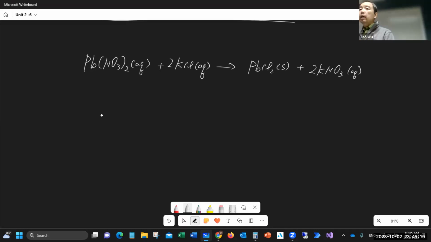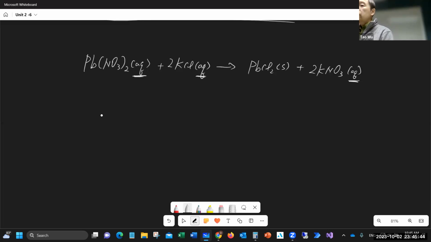Again, they want us to write the complete ionic equation. We need to split the ones that show as aqueous, in other words, soluble in the solution. Soluble means this can dissociate into cations and anions in the solution.